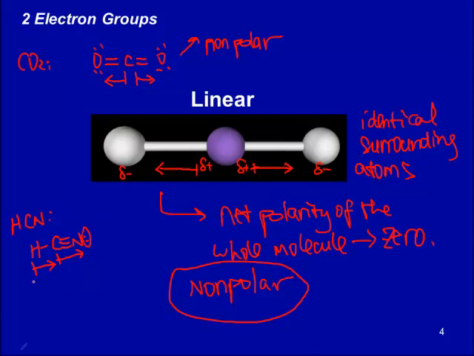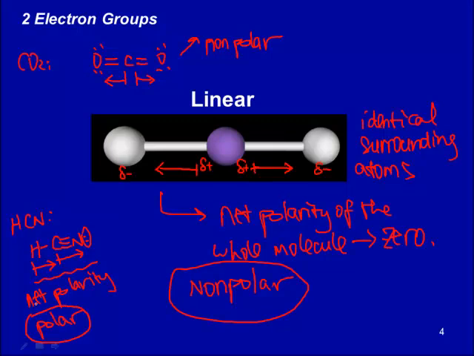So now you realize these two arrows are pointing in the same direction. They reinforce each other, and this one will have a net polarity. So the whole molecule will be polar. This is a very polar molecule.